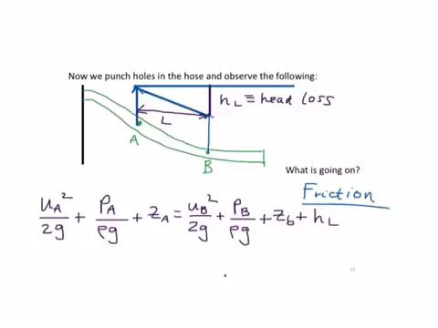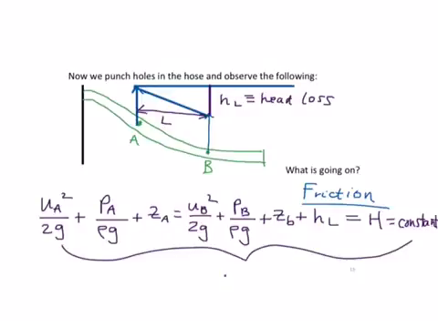And when we account for head loss in this way, just by adding it to the elevation head, we can say that this truly is equal to total head, which is a constant. So this is a form of the Bernoulli equation that accounts for friction.